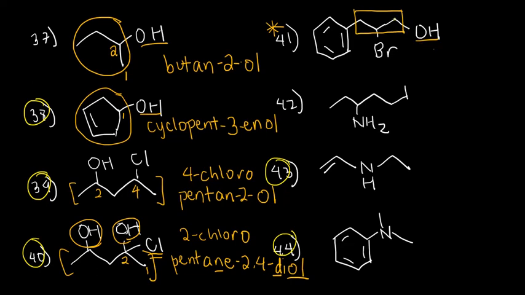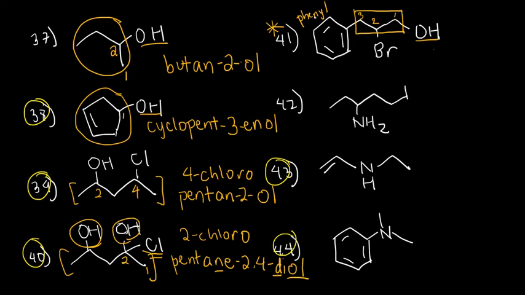So if I start from the right, we give OH the number 1. So this is the preferred starting point. Our bromine would be at 2, and our benzene would be at 3. Take note that when benzene becomes a substituent, we give this the prefix phenyl, as opposed to the, well, some people will call it benzyl, but benzyl is actually different.